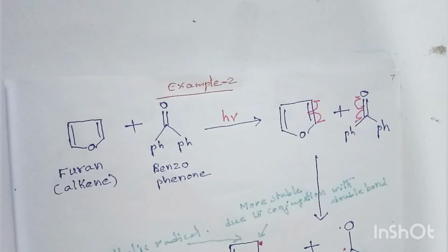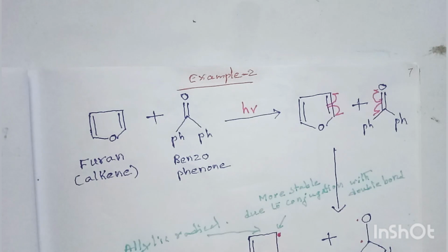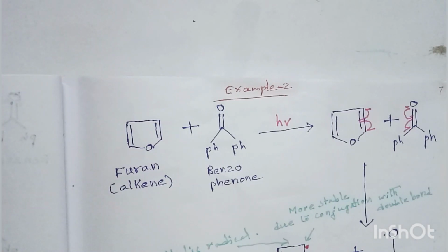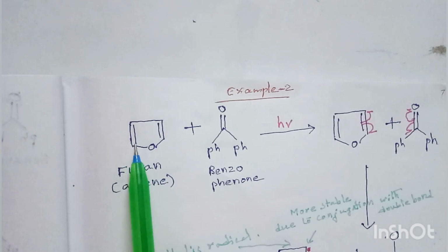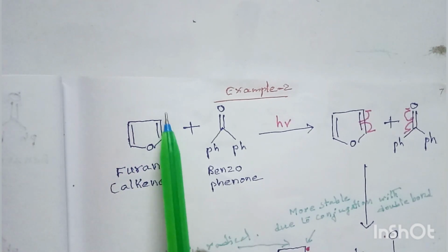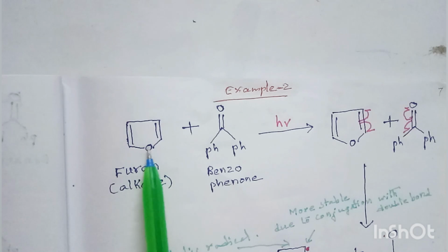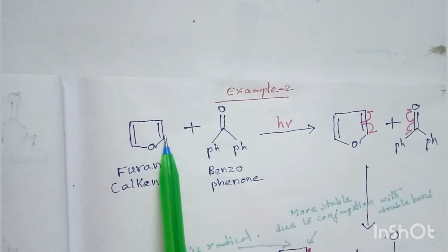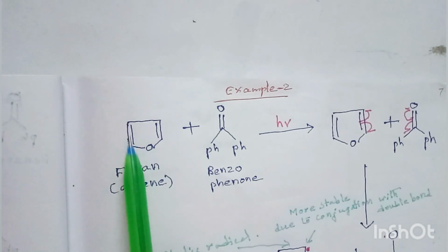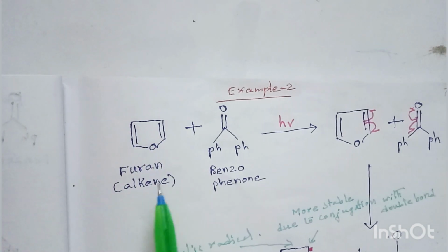Let us see another example. This is furan. It is an alkene. Oxygen, carbon, carbon, carbon, carbon, double bond here, double bond here. This is furan.